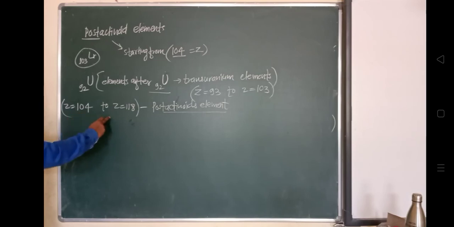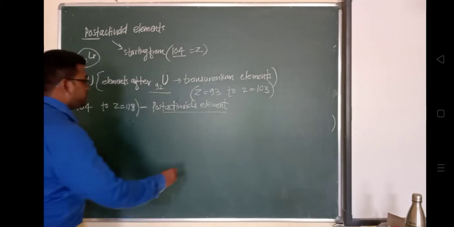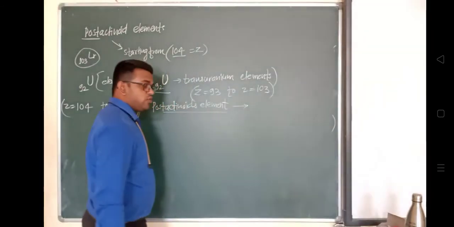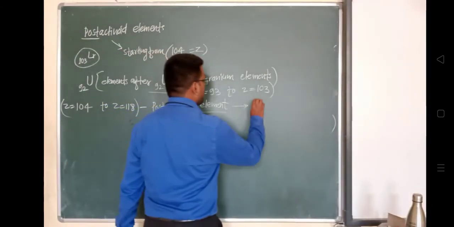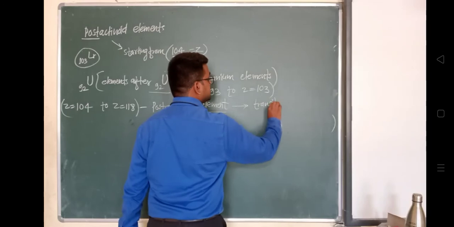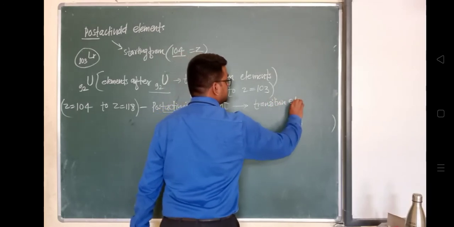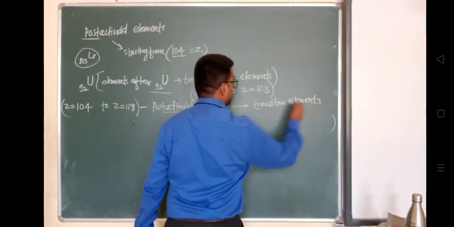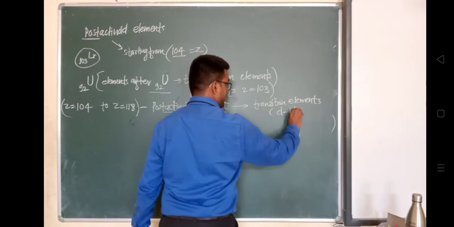Transition metals are included as post-actinoids because, similar to actinoid elements, they can be synthesized in nuclear reactions.